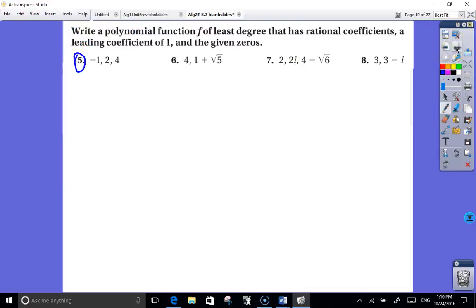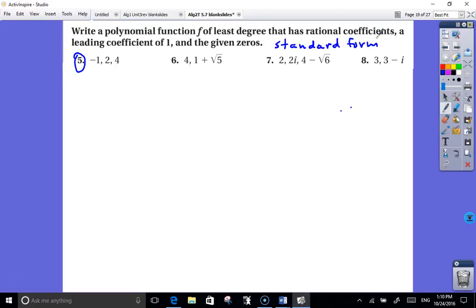And this is worded kind of strange, and one thing is definitely left out, and that is that you should say that we're trying to write a polynomial in standard form. Because if you're going to write it in factored form, that would be very easy. Okay, so the first one, the number 5.